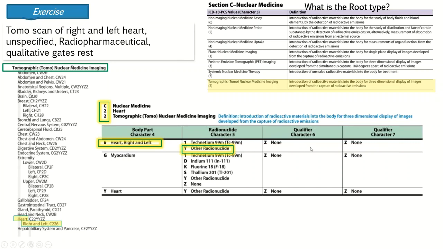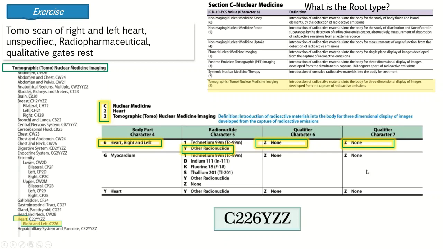And our qualifier will be Z for none, and the seventh character will be Z for none, and our final code will be C226YZZ. All right, coders, how did you do? If you got it correct, outstanding. But if you learned something, coders, that's priceless.